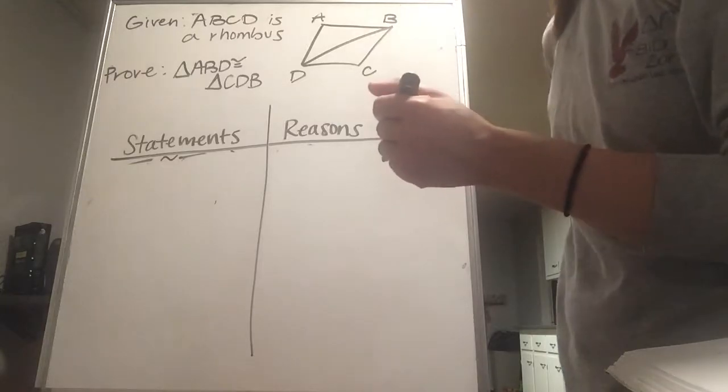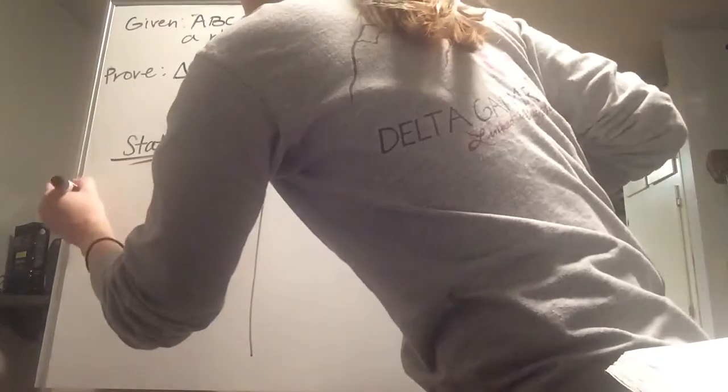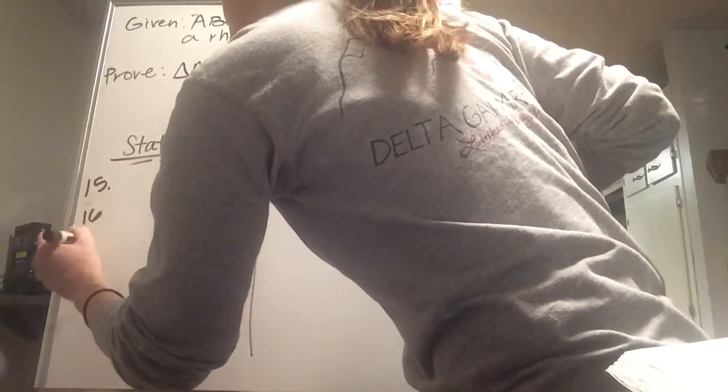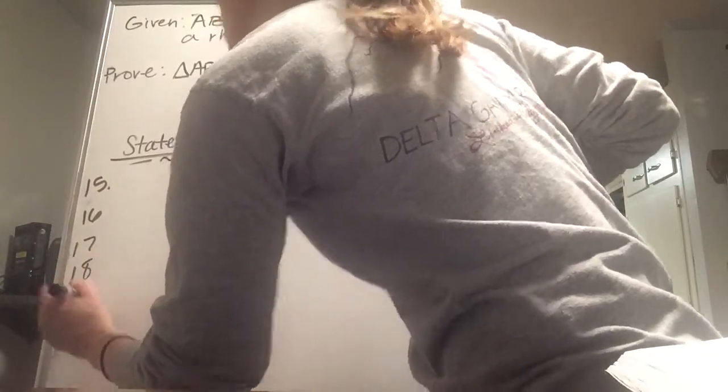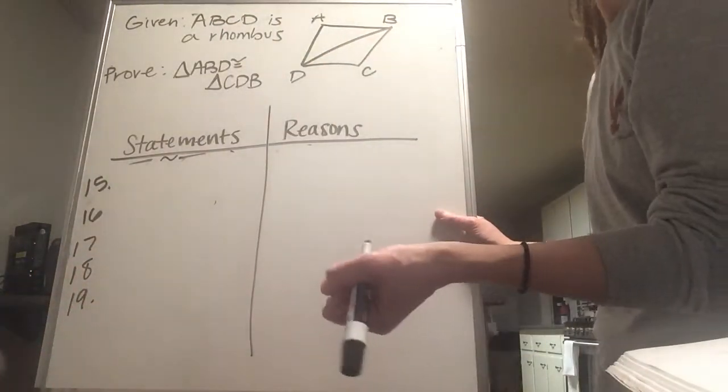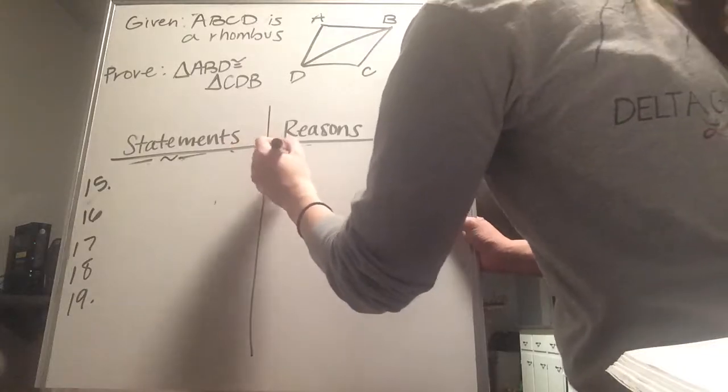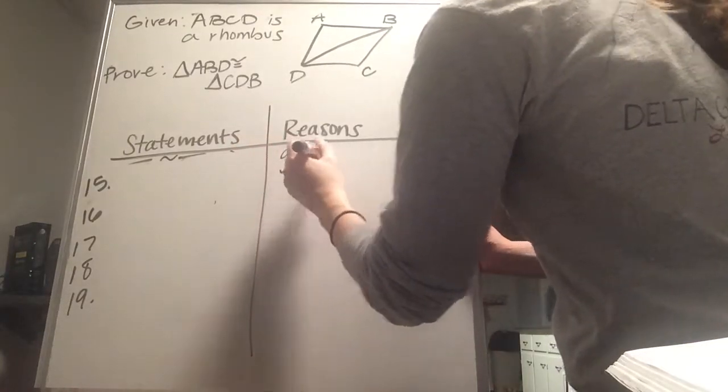And we're to establish or provide all 5 statements, so it's 15, 16, 17, 18, and 19, when we're given all the reasons. So the first thing is going to be something that is given.